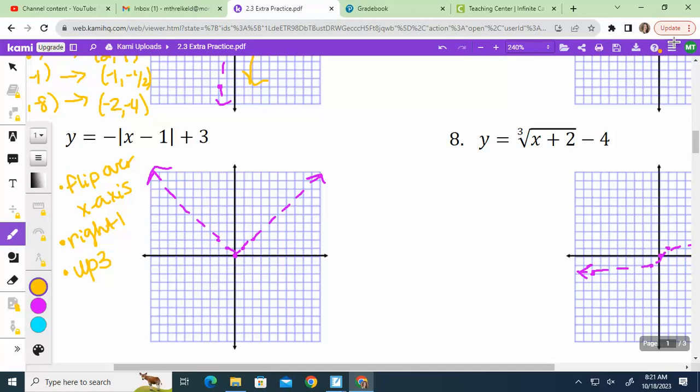So 0, 0, if I flip it, doesn't move. Right 1, up 3. 1, 1 goes to 1, -1, right 1, up 3. -1, 1, if I flip it, goes to -1, -1, right 1, up 3. And you could certainly do more points if you wanted.